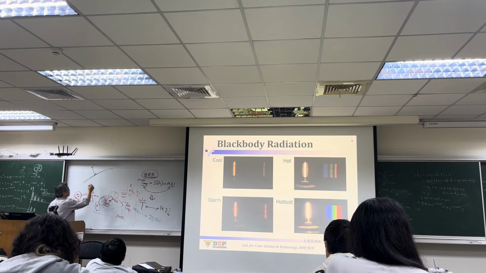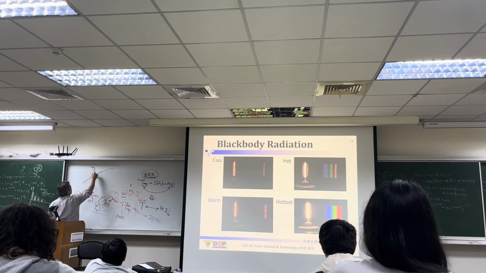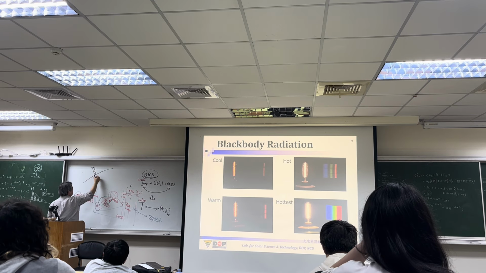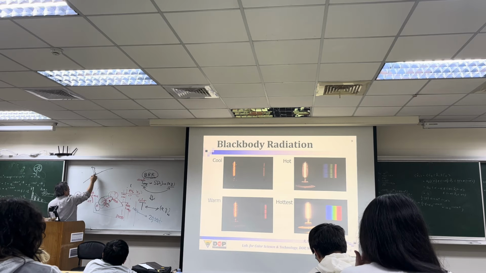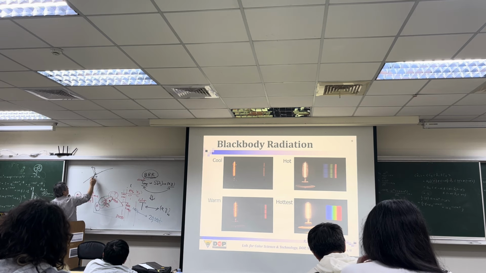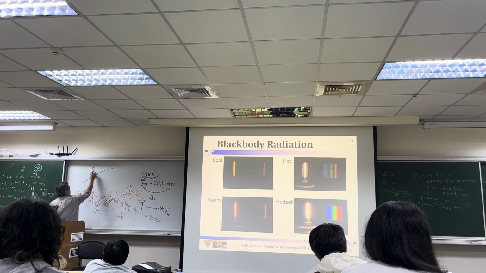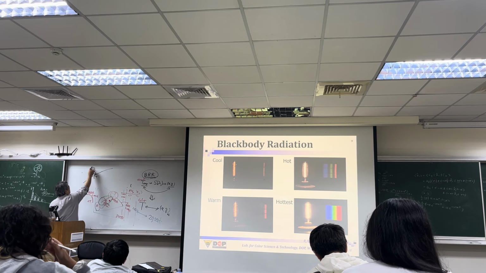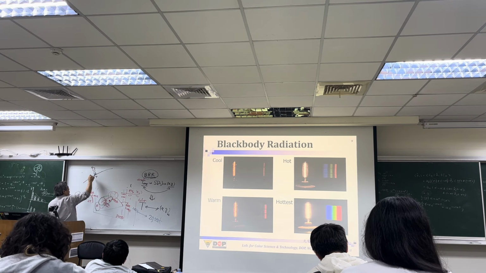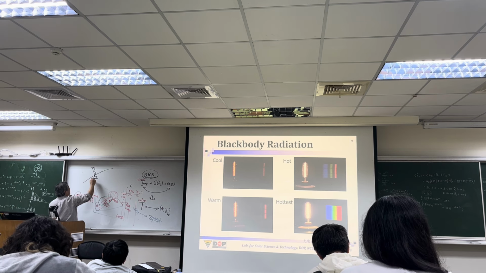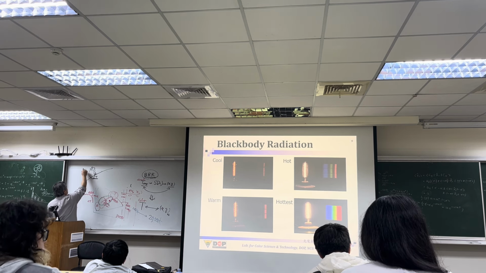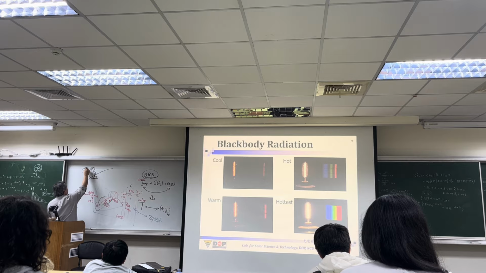So we apply the orthogonal condition, and this color is close to this point on the locus. When this concept is applied to this color, we say correlated color temperature.